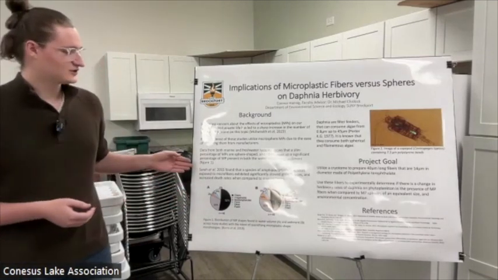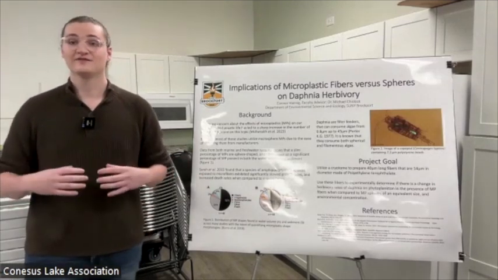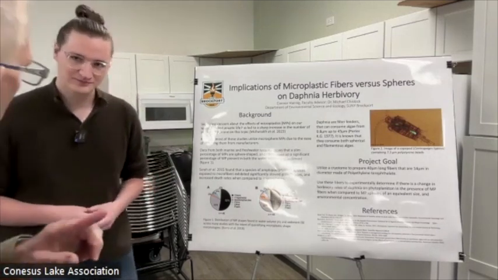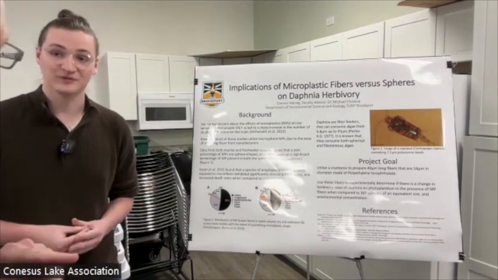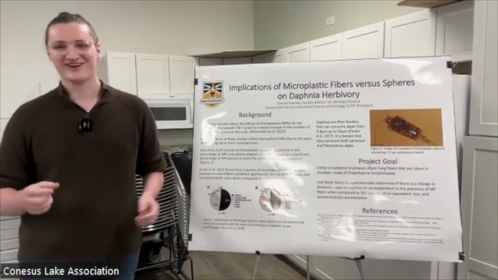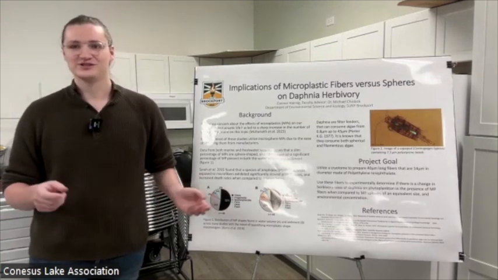One study I found shows that in amphipods, the fibers actually stay inside their bodies for a much longer time. It has worse effects on reproduction. You said amphipods? Amphipods. And what's that? That's a great question. Amphipods are tiny little invertebrates that eat algae.